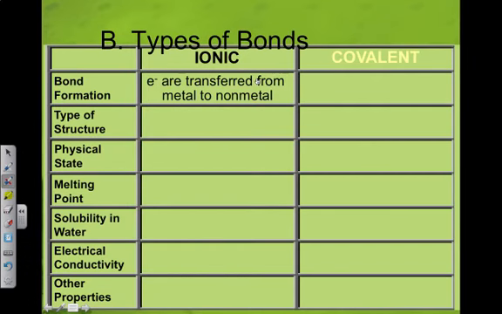So if it's something on the left of the periodic table combined with something on the right of the periodic table, that's an ionic compound. It has a crystal lattice, and I'm going to show you what that is in a minute. Its physical state, it's usually a solid. It has a very, very high melting point. It requires a lot of energy to break the bonds in between the ions.